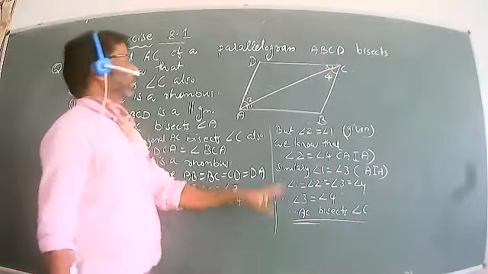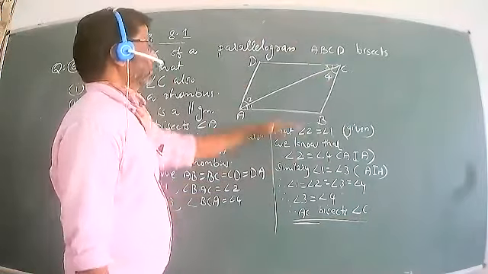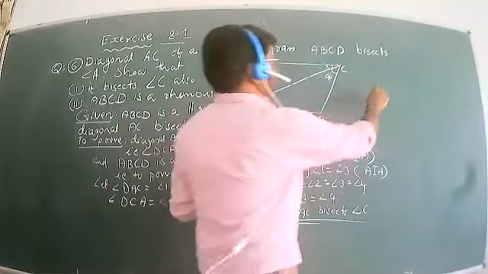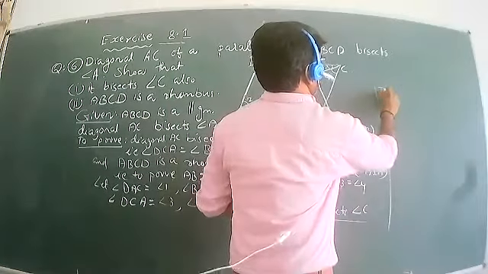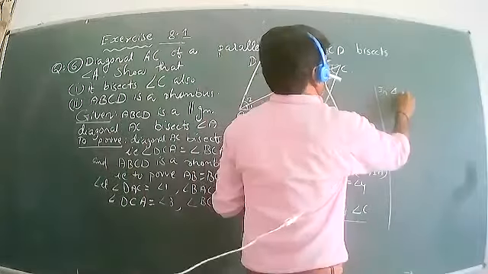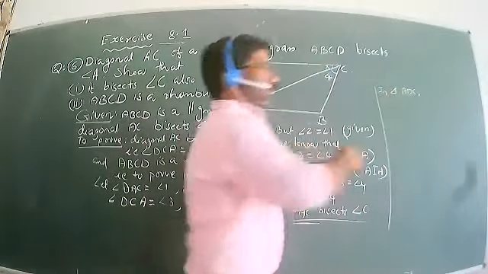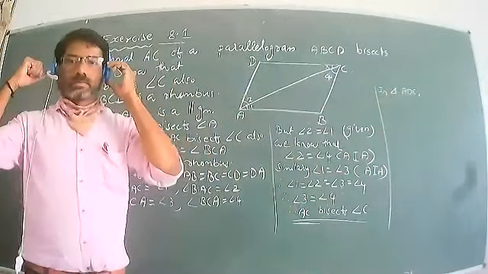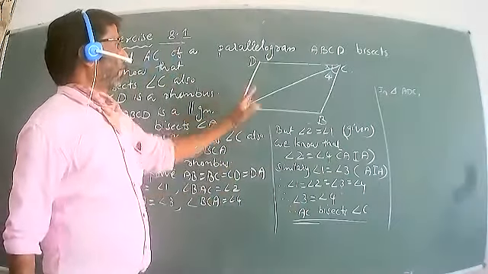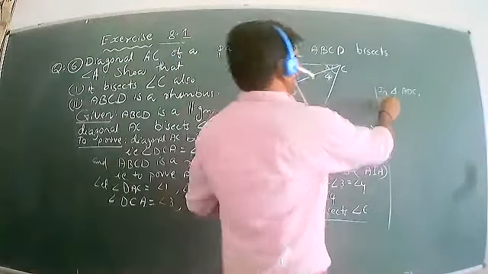Now we want to prove that ABCD is a rhombus. All the sides are equal. See, in triangle ADC, angle 2 is equal to angle 3.